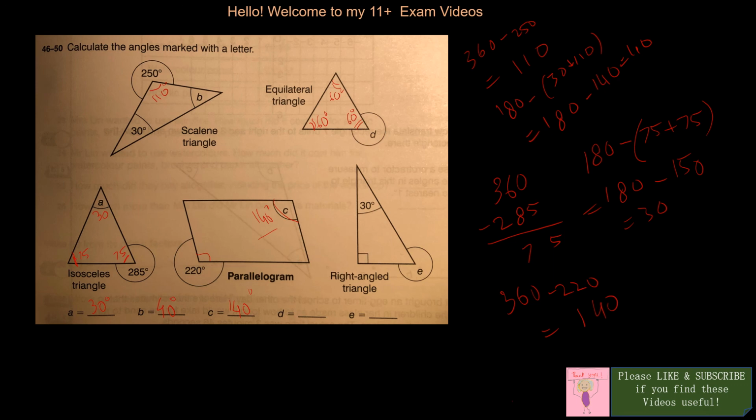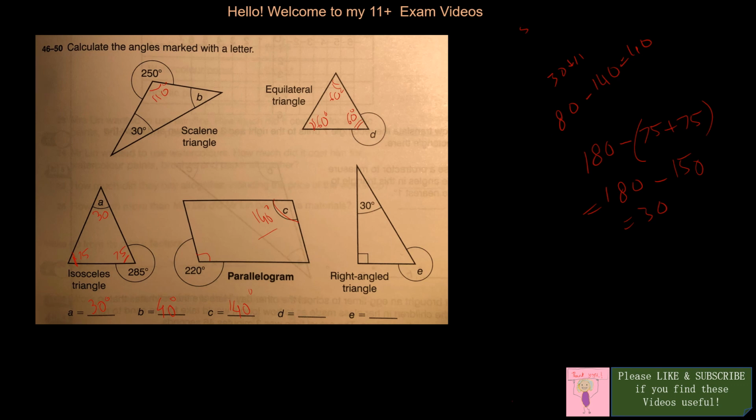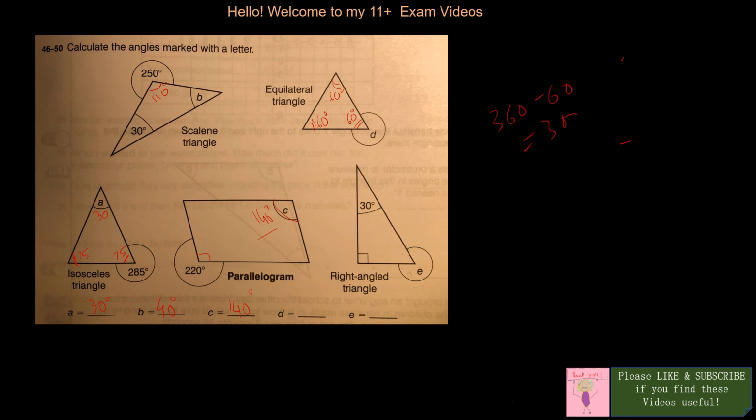So D is going to be 360 minus 60 is 300. So D is 300 degrees.